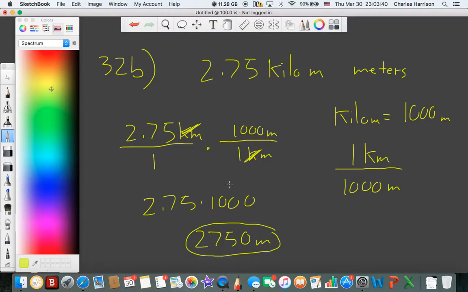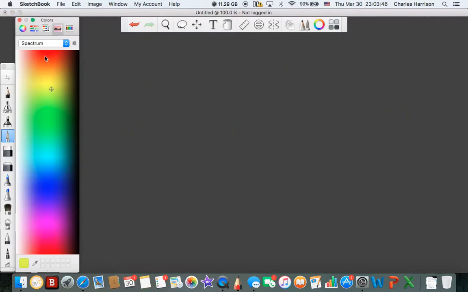All right. Let's do 32C. We're going to convert 25 milliliters, and you want to write it like this, mL, if you're going to abbreviate it. And we're going to convert it to liters.